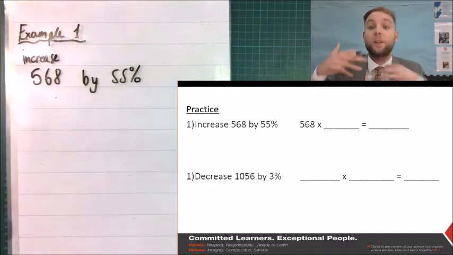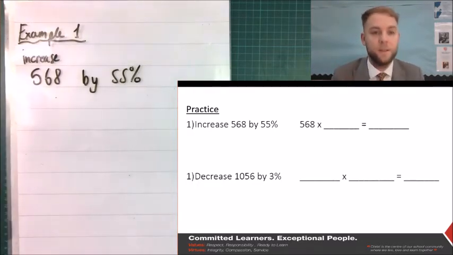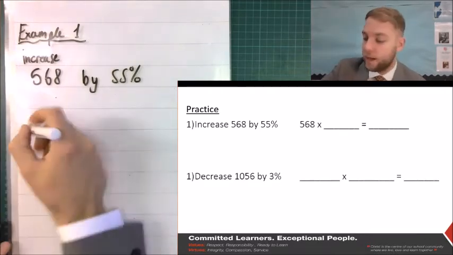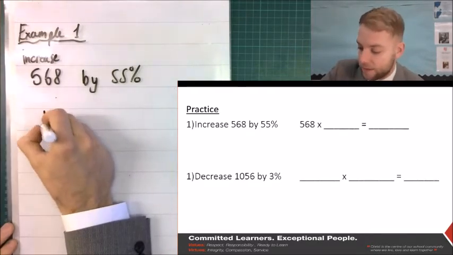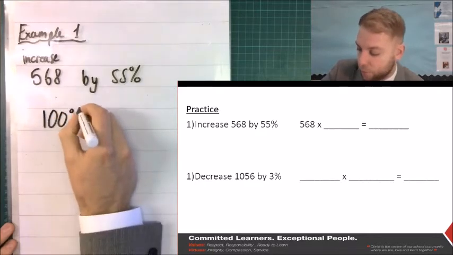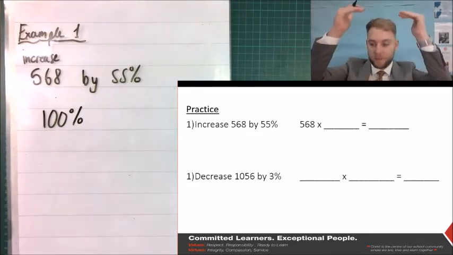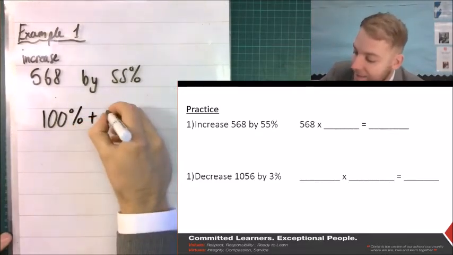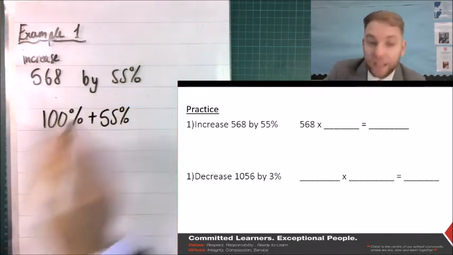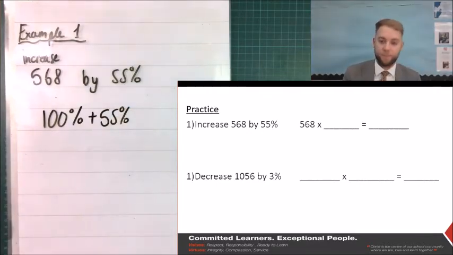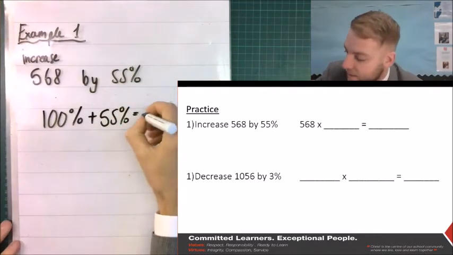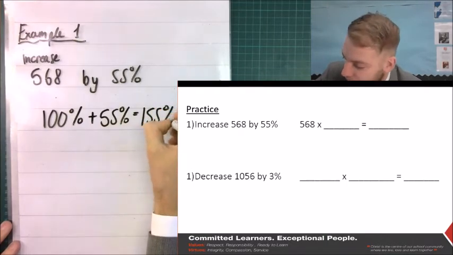Do you understand that I'm increasing by 55%? So here, your starting amount, your original amount is always 100%. So I'm going to write this down. This is how we use the multiplier method. Get this down in your notes. So I'm starting with 100%. If I want to increase by 55%, I want to add 55%. I'm increasing by 55%, which is equal to, in this case, 155%. Nice and straightforward.